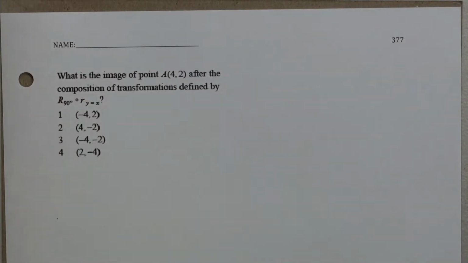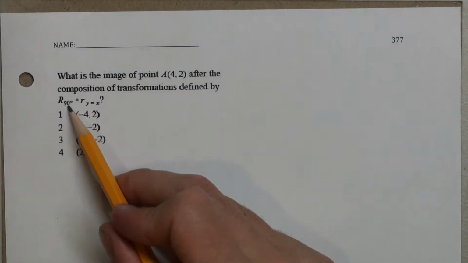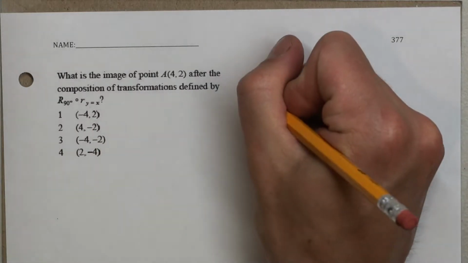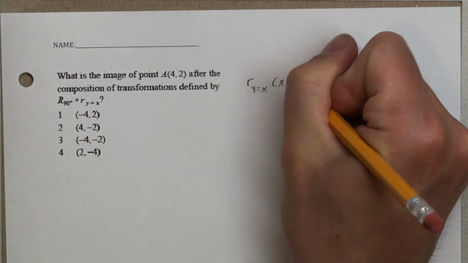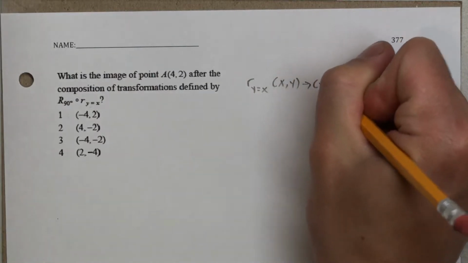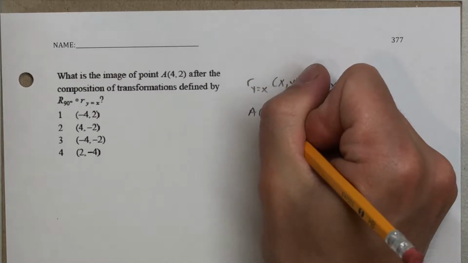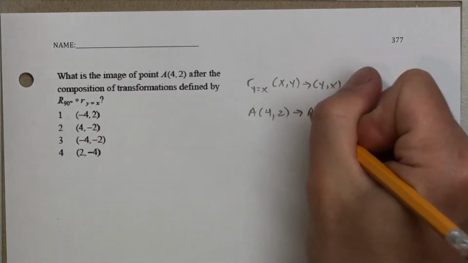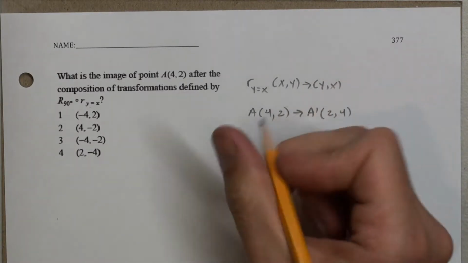What is the image of this point after the composition of transformations defined by a reflection in y equals x and then a rotation of 90? We always do this one first. So a reflection in y equals x takes (x, y) and turns it into (y, x). So A is at (4, 2), then A prime will become (2, 4).